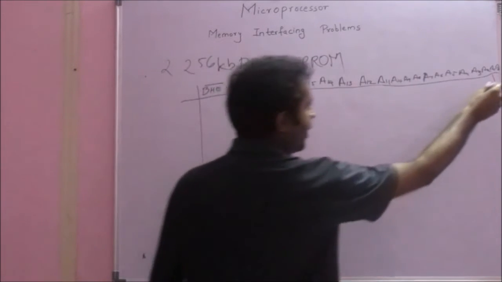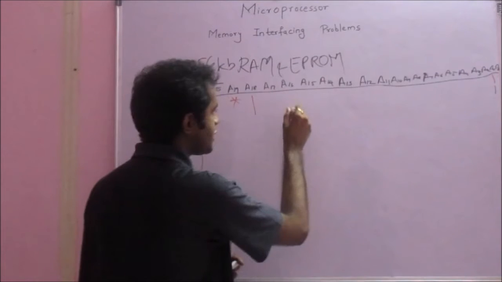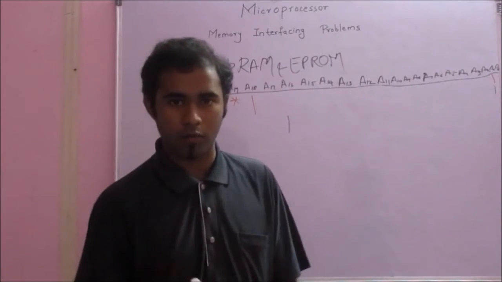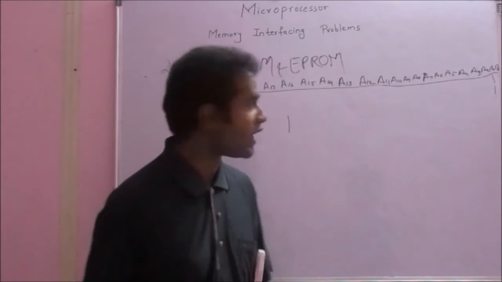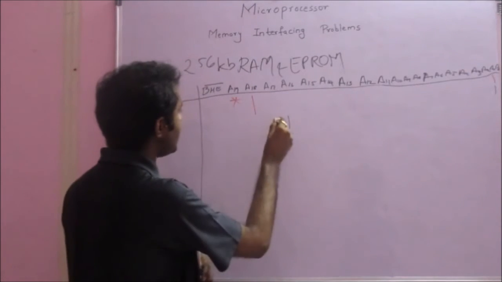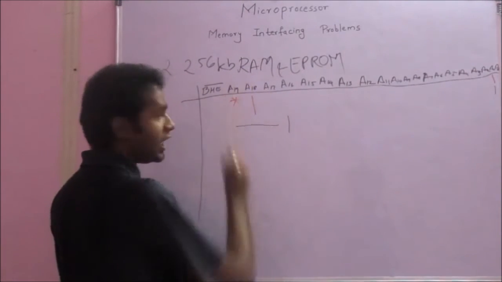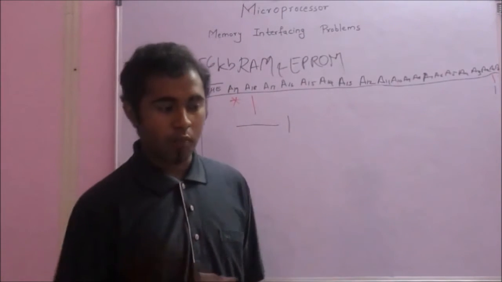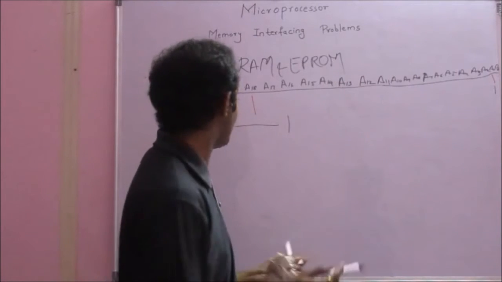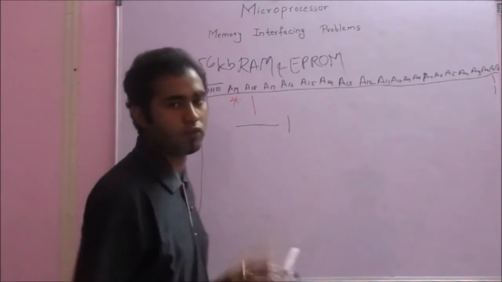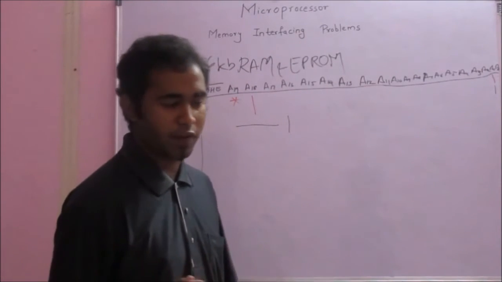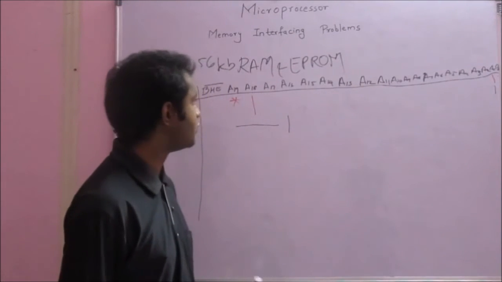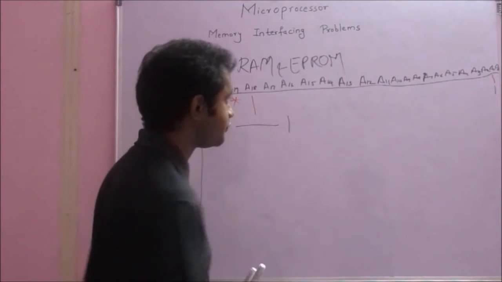So A1 to A16 would be used for addressing those RAMs or ROMs of 64 KB, and the remaining three, A17, A18, A19, would be used to select which ROM or which RAM. The same BHE and A0 would be used for the even and odd banks. Now let's move ahead and see how to draw the address map.